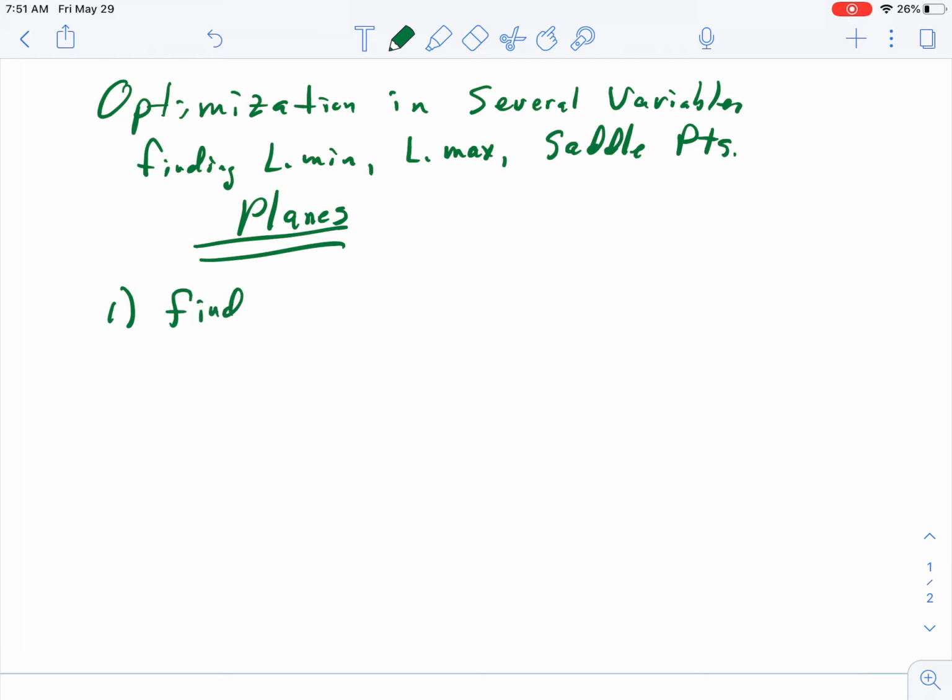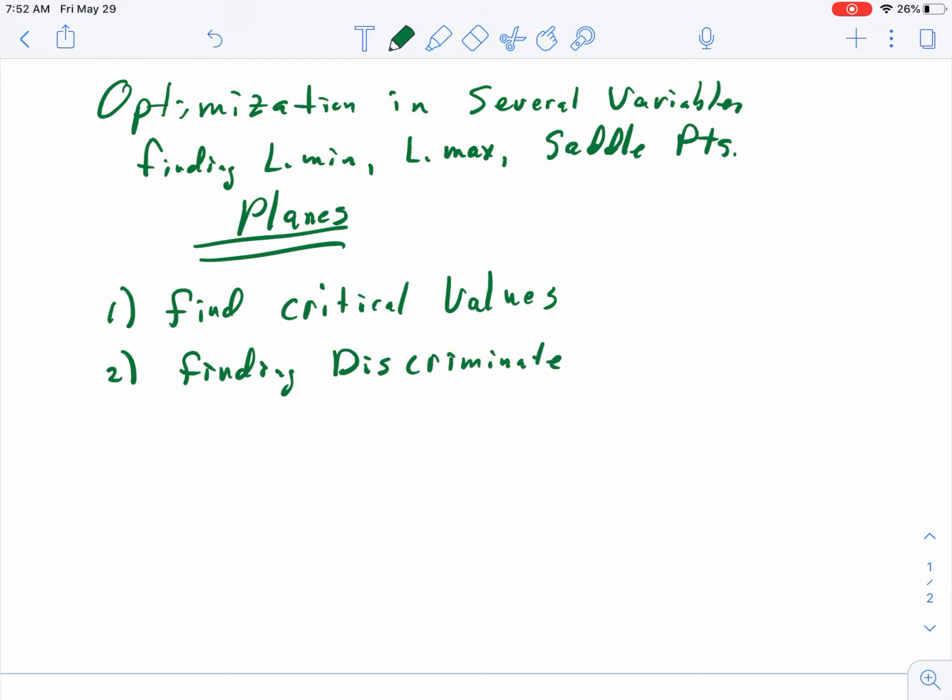So the steps that we're going to be looking at is, one, just like the other one, we're going to have to find critical values. Two, we're going to be finding what we call a discriminant, and I'm going to use D to represent the discriminant. Now, there's some proofs of this, but I'm just going to give it to you, and you just got to trust that it works.